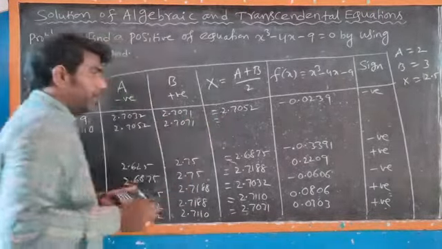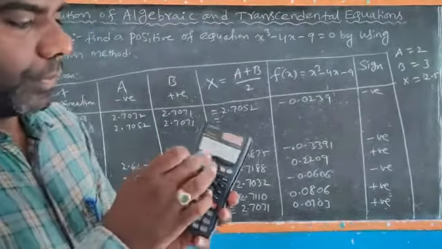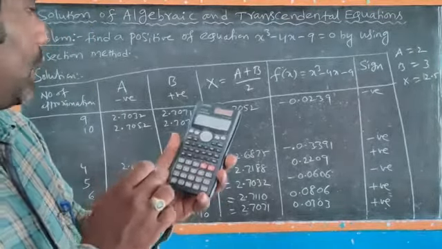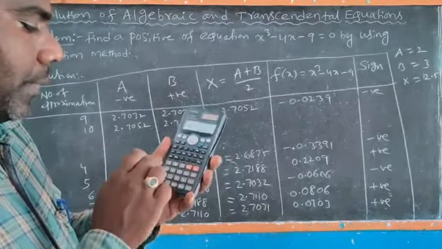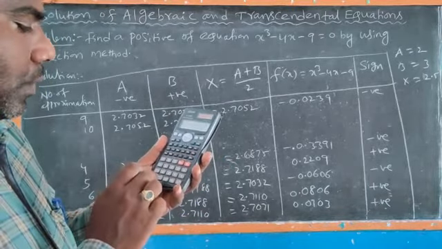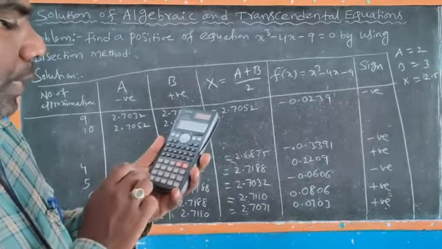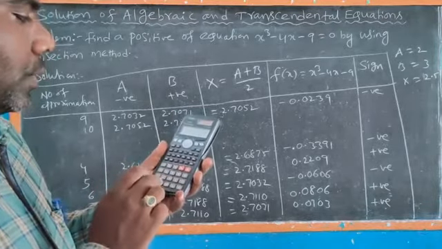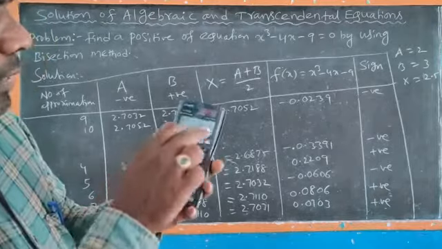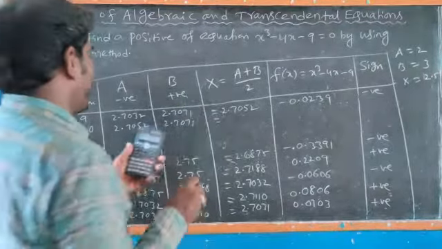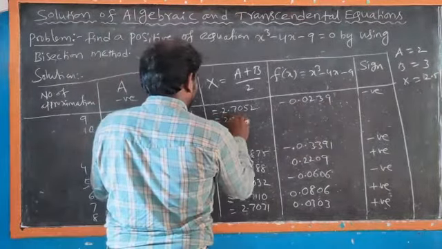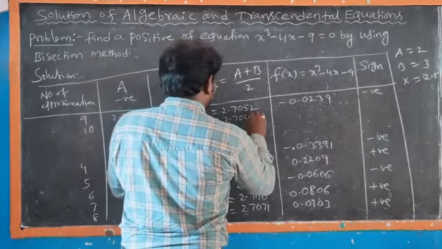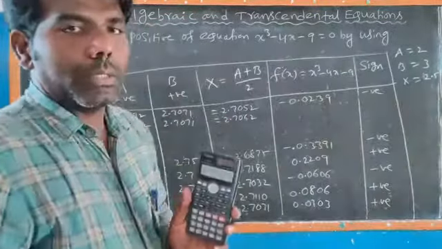2.7052. The b value is the same, 2.7071. Now the formula. Next calculate the a value: 2.7052. The b value is 2.7071. Then 2.7062.